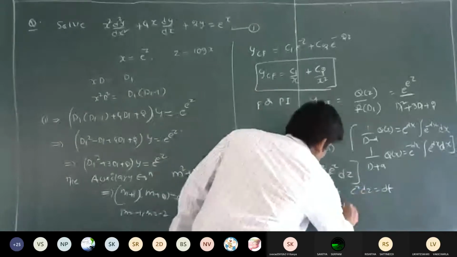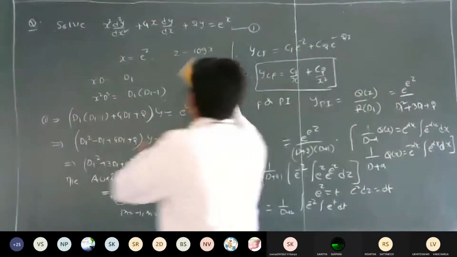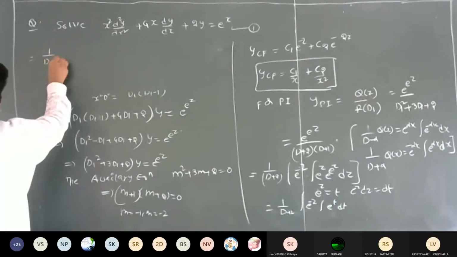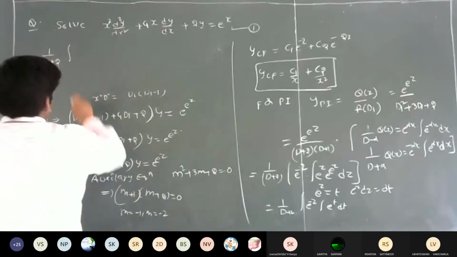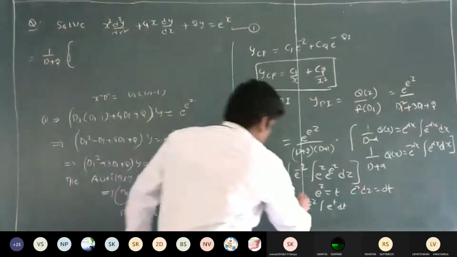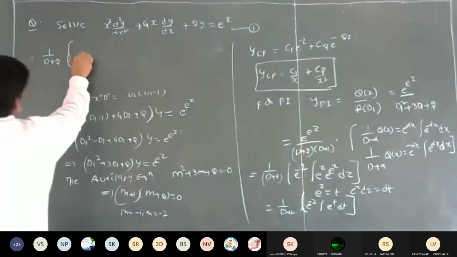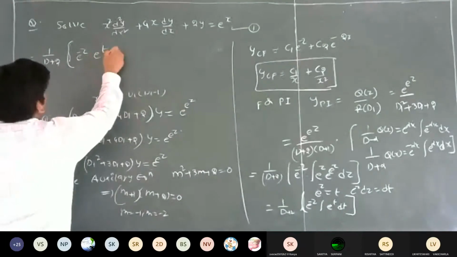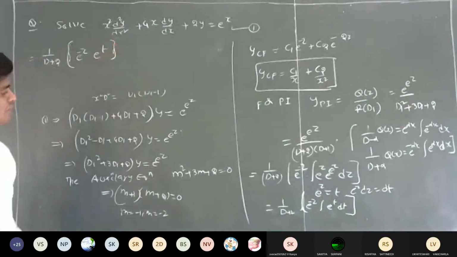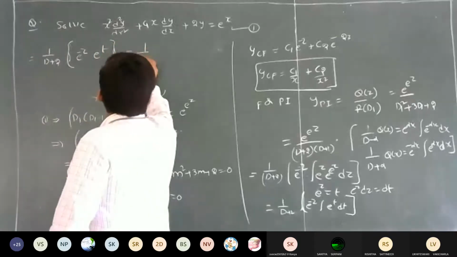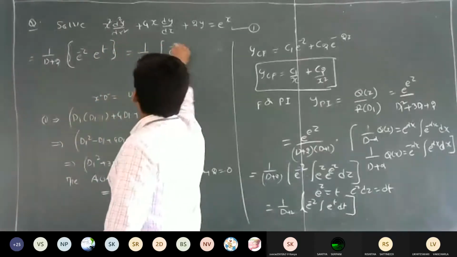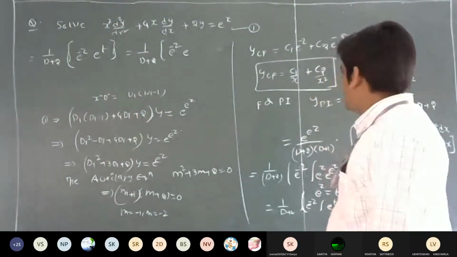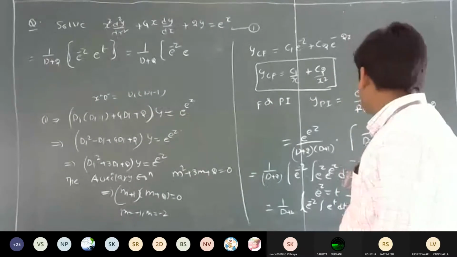So that is equal to 1 by D plus 2, e power minus z into e power t.